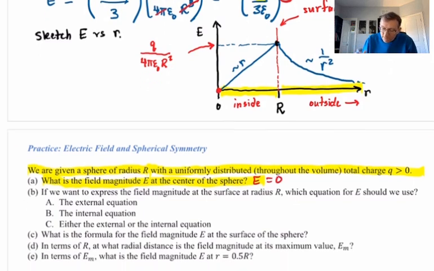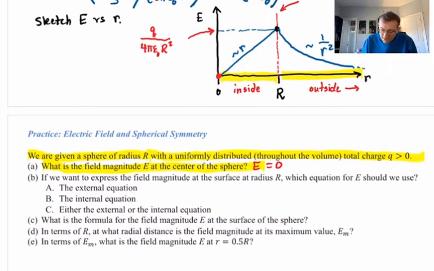All right, B. If we want to express the field magnitude at the surface, radius big R, which equation for the E should we use? The external equation, the internal equation, or whichever one we want? What do you think? Feel free to pause the video if you wish. Did you say C?